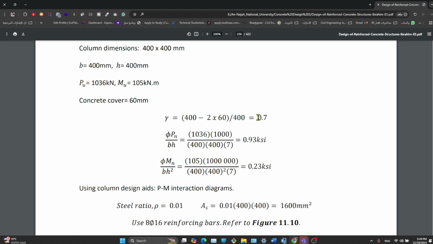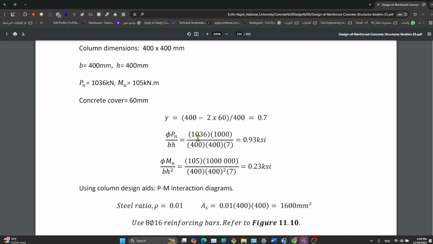And I told you for each interaction diagram we have a gamma. Now we can plot the point, the coordinates of these factors, on the graph of gamma 0.7. But if we don't find in the internet or in this document an interaction diagram based on gamma equal to 0.7, simply we can interpolate between, for example, 0.9 and 0.4.